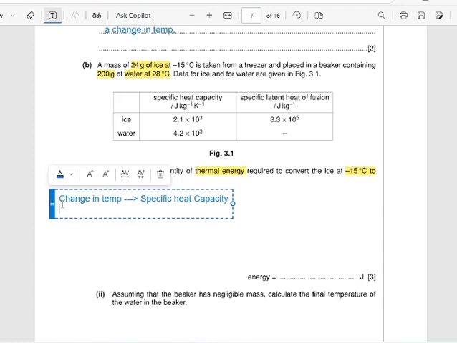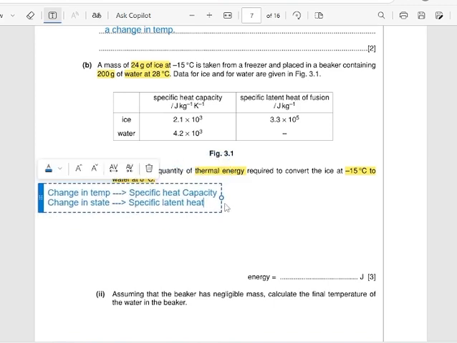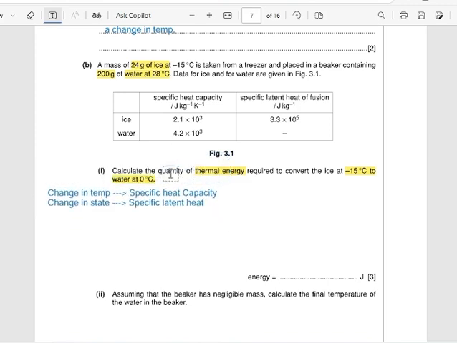And when it's about a change in state, like converting from solid to liquid, then it is about the specific latent heat, which can be specific latent heat of fusion or of vaporization. Now, it says calculate the thermal energy required to convert the ice at minus 15 to water at 0.